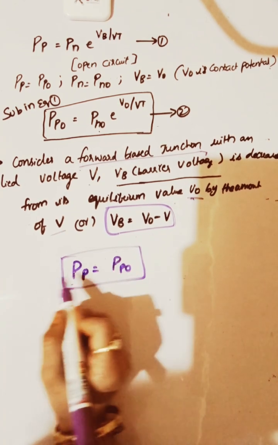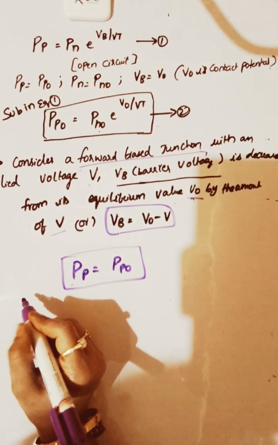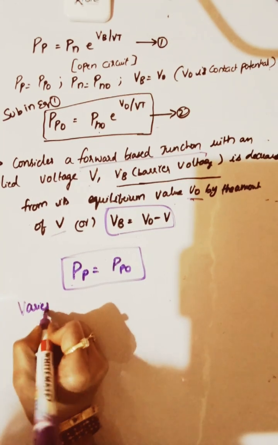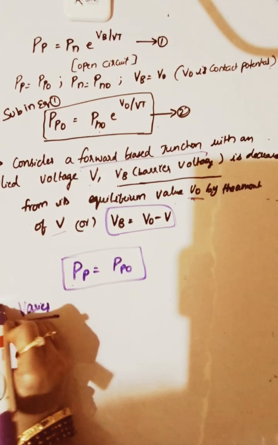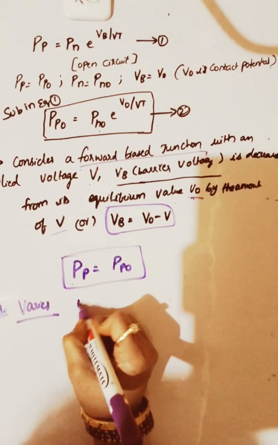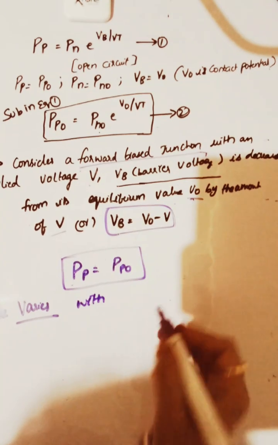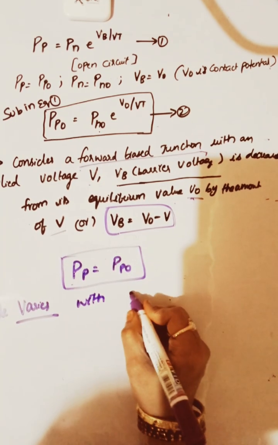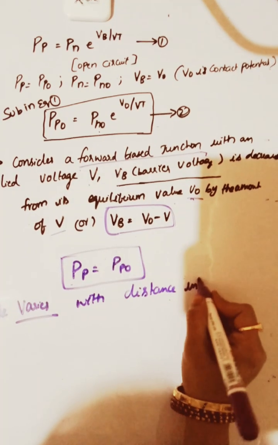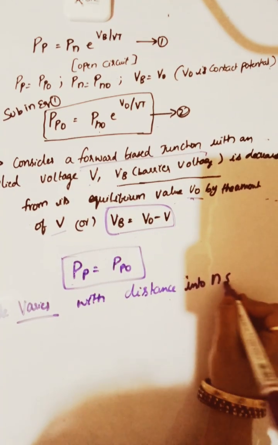This is the hole concentration throughout the P region. The hole concentration varies with distance into the N side.